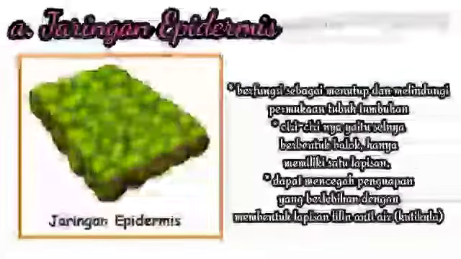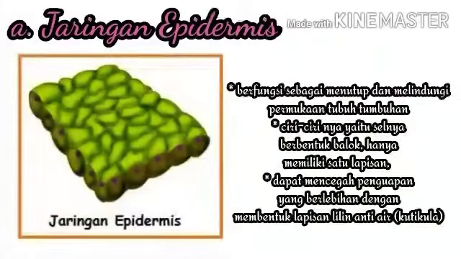The first, epidermal tissue. Epidermal tissue is known as protective tissue. This is because this tissue is located on the outside, so it functions to cover and protect the surface of almost all plants, including roots, stems, fruits, flowers, and seeds.